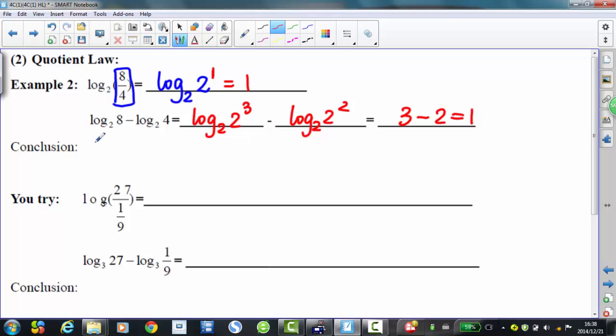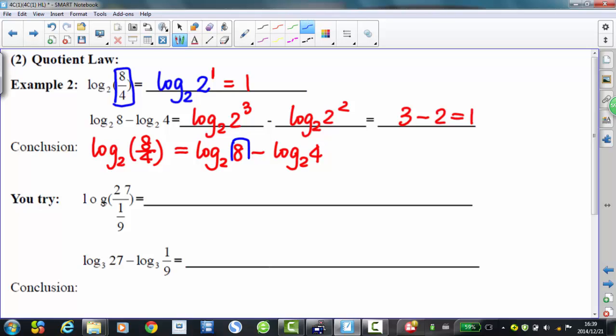So from this case, I know log 2, brackets 8 divided by 4, this quotient, is the same as the difference of 2 individual logs. So 1 is log 2, 8 minus the other one, log 2, 4. The first argument is the numerator in the quotient, and the second argument is the denominator in the quotient.